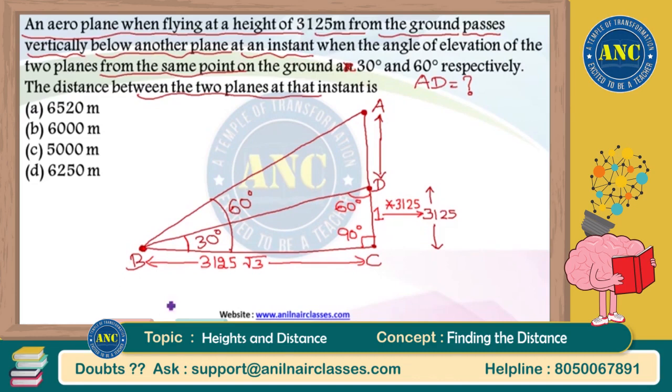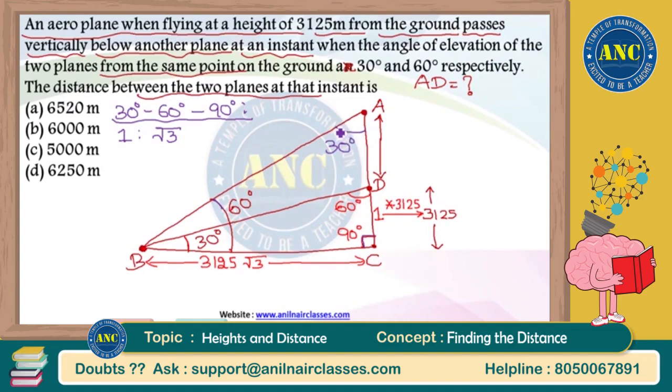Similarly, there is another, bigger triangle ABC. In that, angle B is 60 and angle C is still 90, so angle A should be 30 degrees. This is a 30, 60, 90 degree triangle. Opposite to 30 if it is 1, opposite to 60 will be in the ratio root 3.